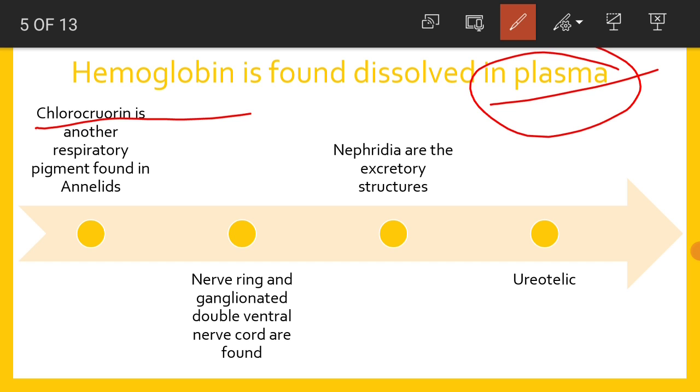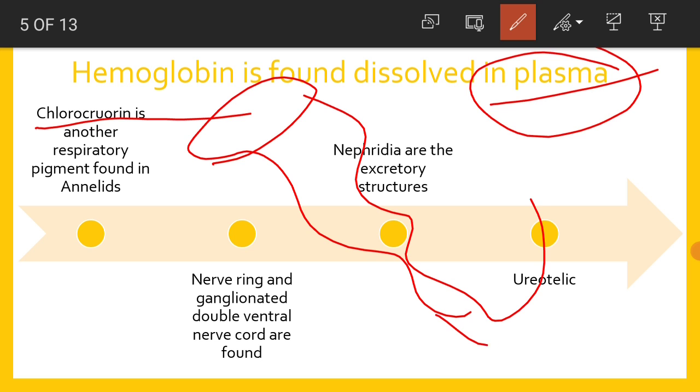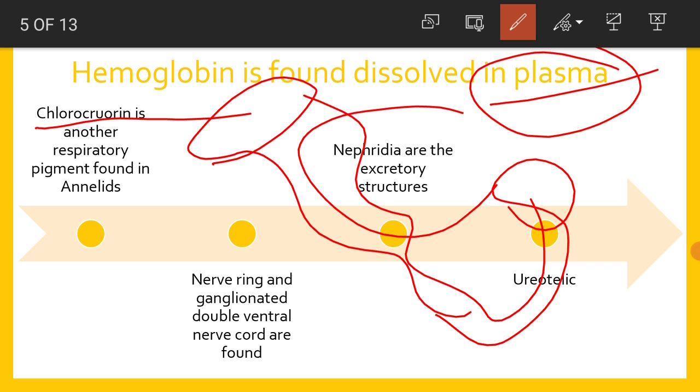Coming to the excretory structures, there are certain specialized coiled tube-like structures called nephridia. So nephridia are the excretory structures found in annelids. Earthworm is ureotelic, that means it excretes urea.